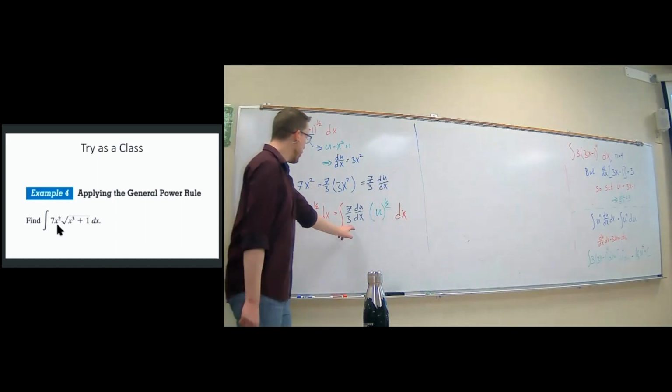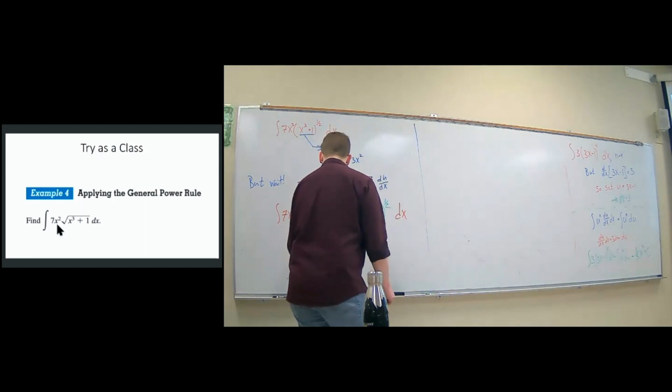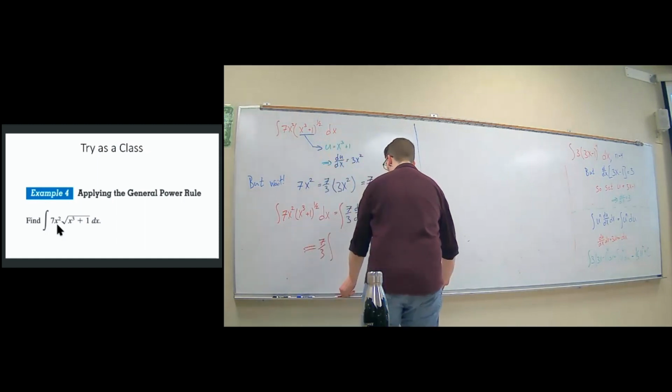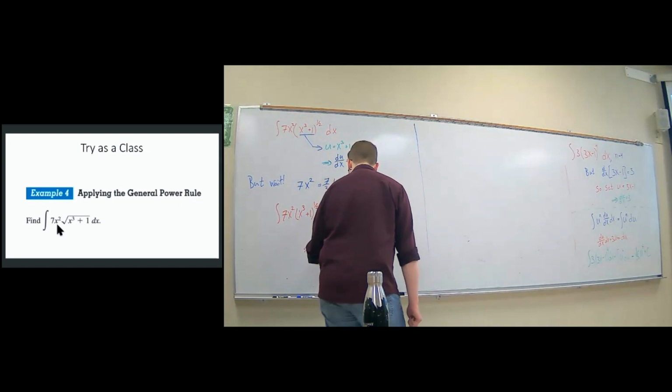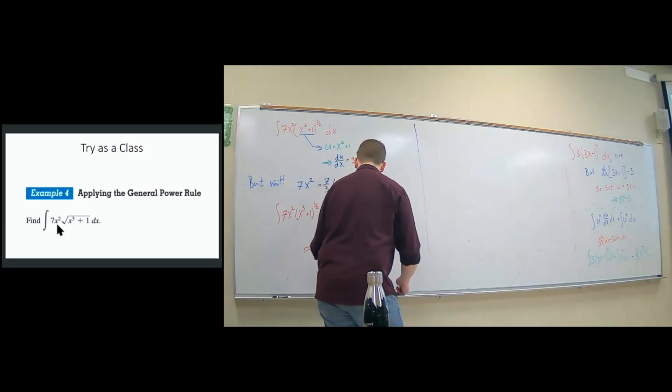Now, this we can rewrite as pulling out that 7 over 3, the integral of u to the 1/2 times du dx integrated with respect to dx.